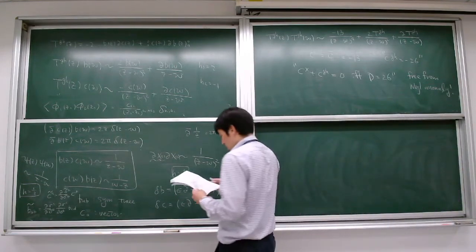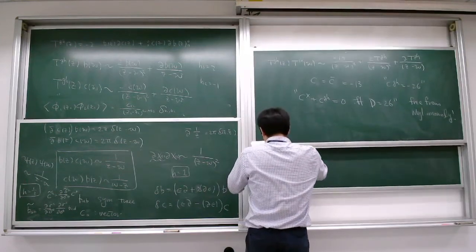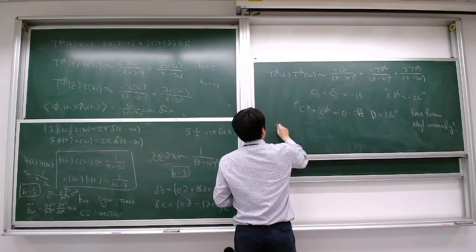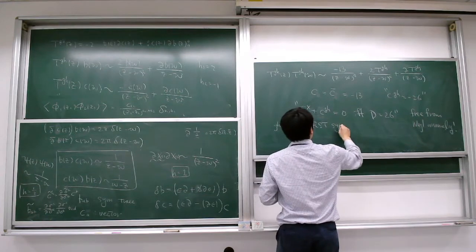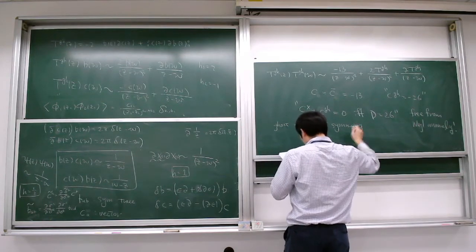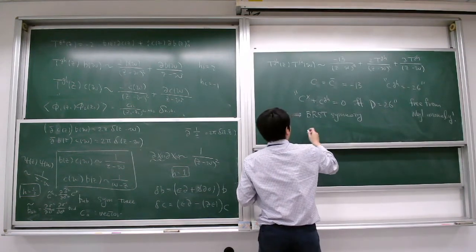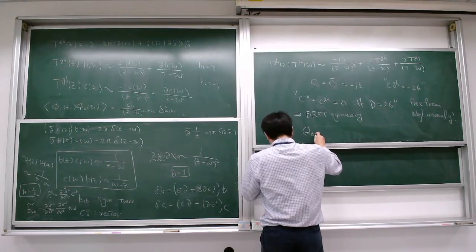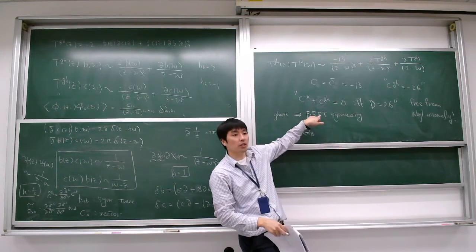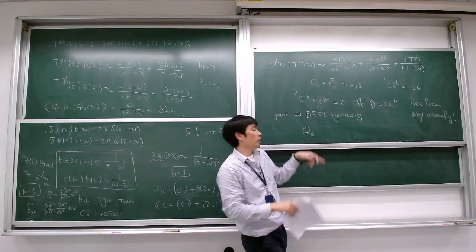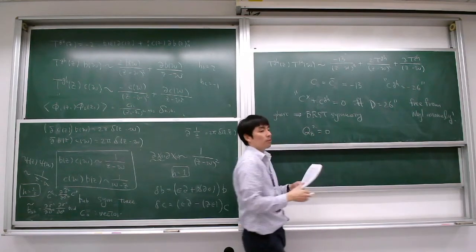To do that, we also have the same thing in Yang-Mills. So the ghost field will lead to the so-called BRST symmetry. BRST charge, I call Q_B, is the natural charge of this symmetry, and this natural charge is nilpotent.